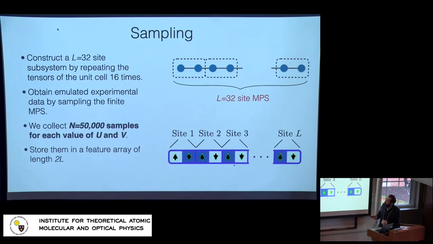These arrows show what each box corresponds to, and the blue shading means that at site number 1 you have a spin down. At this site you have spin up, and so on. So this is going to be 2L, which means in this case it's going to be a 64-bit string. Okay.